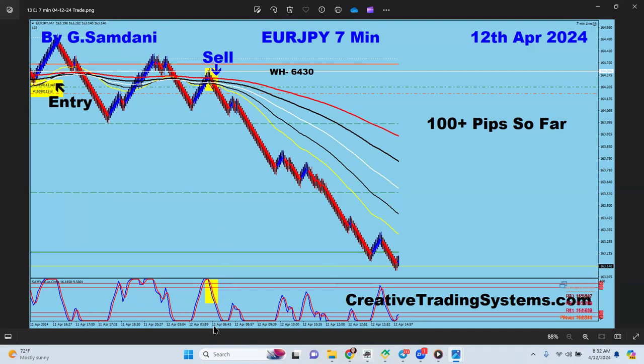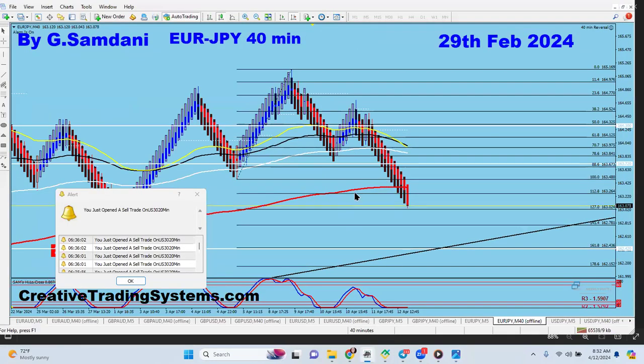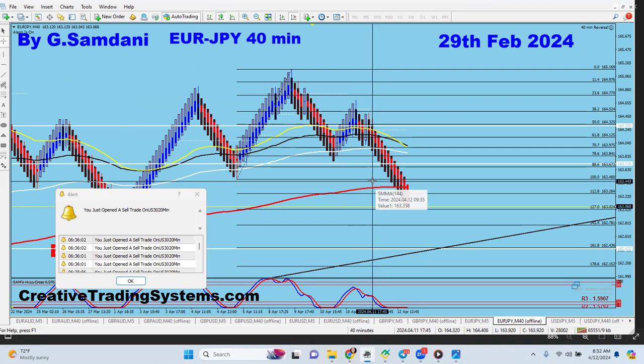This is, I think, around 4:12, around 6:00 hours, between say 5, 6, something like that, right? So on a 40-minute chart, Euro Yen was here. Look at that, 4:12, 4:45, where I said around 4, 5, somewhere here, right? Yeah.